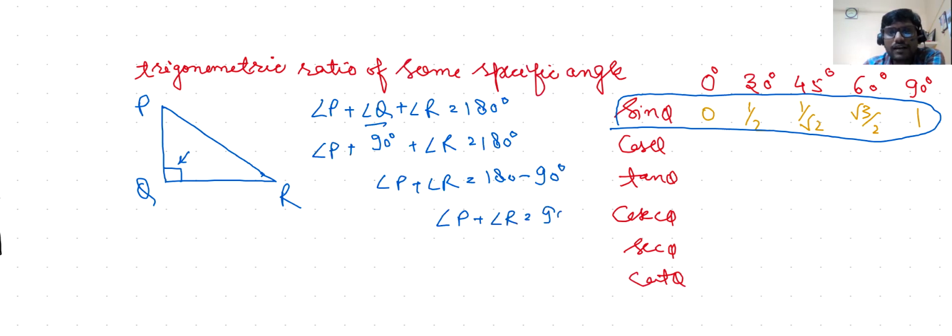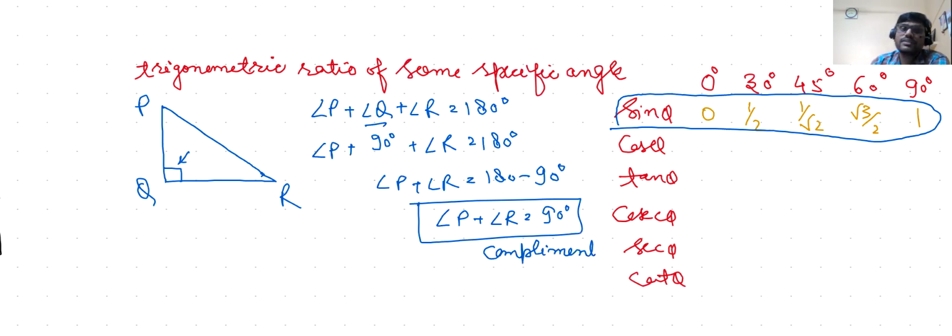It means in a right angle triangle, the angles other than 90 degree are always complementary angles. One of the important things I'm going to tell you is that the value of sine P is equal to cos of the complement of P, and the complement of P is 90 minus P, which is R here.